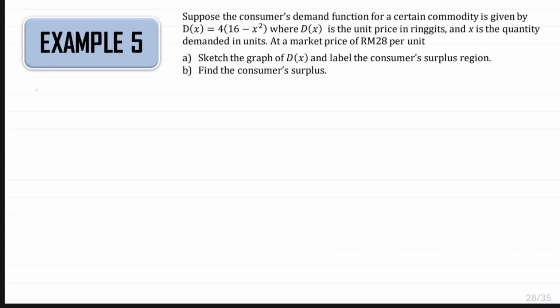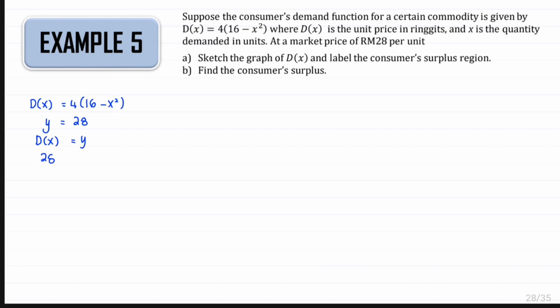We have the function D(x) equals 4 times (16 minus x squared). And we have market price RM28. Market price refers to y, so y is RM28. Okay, we need to find the value for x. x is quantity. So to find x, D(x) is the same as y.